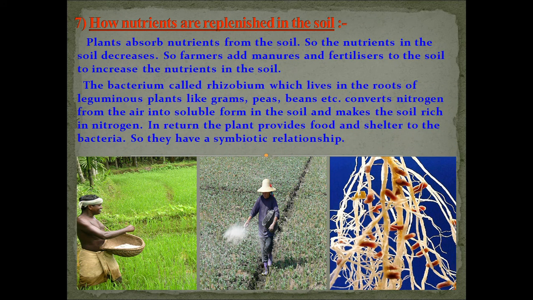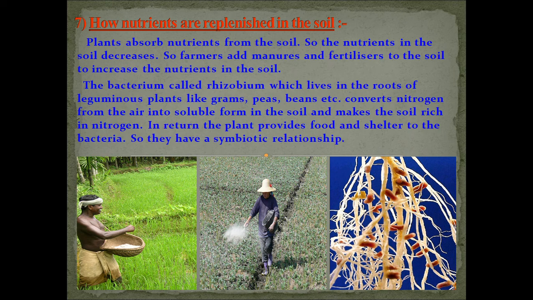Next, we will know how nutrients are replenished in the soil. Plants absorb nutrients from the soil, so the nutrients in the soil decrease. So farmers add manures and fertilizers to the soil to increase the nutrients in the soil.